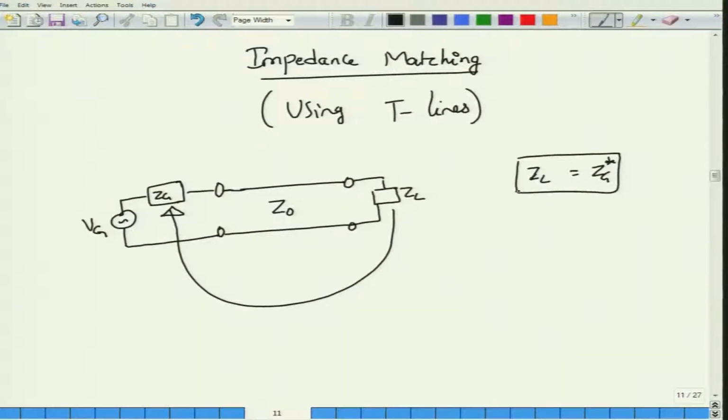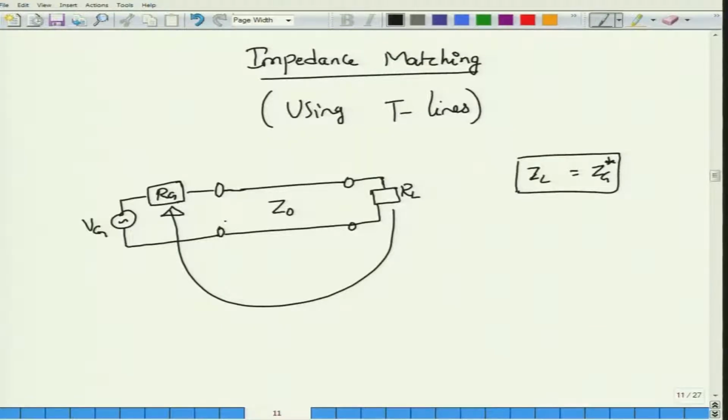For now, let me consider only real cases, that is, I consider both ZL and Zg to be composed of two resistances Rg and RL. While we know the answer, RL should be equal to Rg for maximum power transfer, unfortunately what you can see is that there is a transmission line in between.